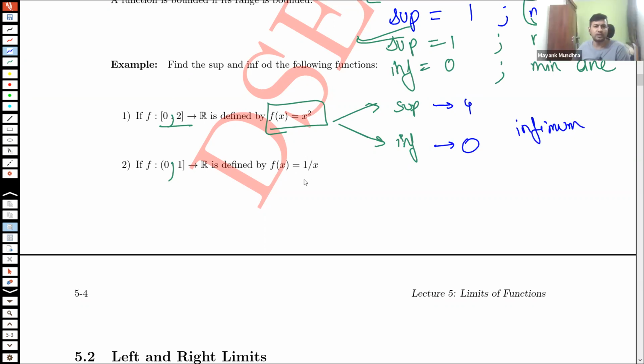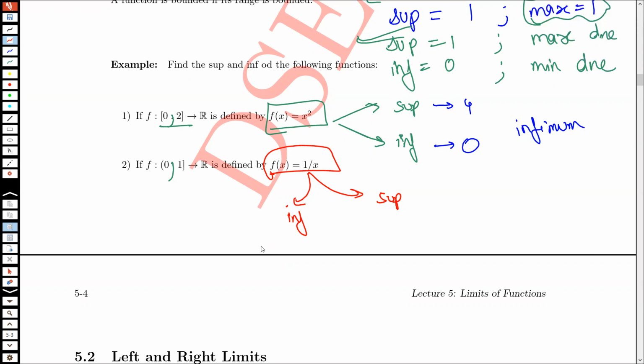So it's the smallest value. What about this function? Somebody else, anybody wants to chip in? What is going to be the supremum and the infimum? Zero and 1. Infimum 0 and supremum 1.